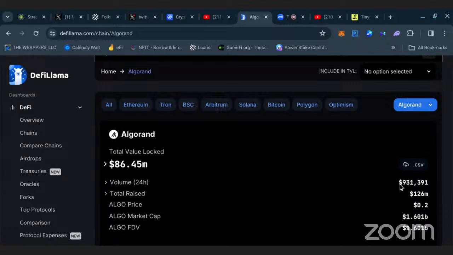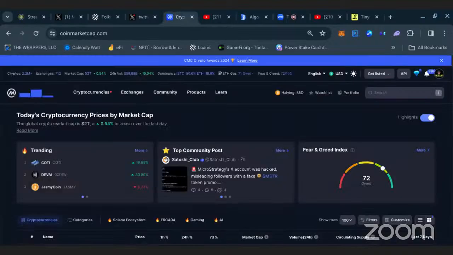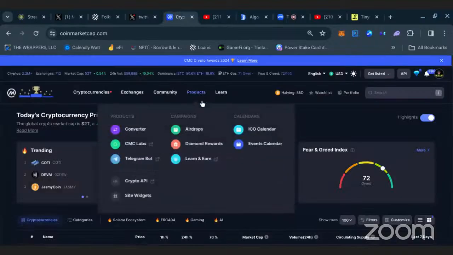It doesn't matter if it's buys or sales. Volume is telling you how much money is flowing through the network in the last 24 hours, according to DeFi Llama, though, because when you check different aggregators or exchanges, they're all going to have a variance in the data that they report. So DeFi Llama and CoinMarketCap are two of the tools that you'll use to start doing some more research.